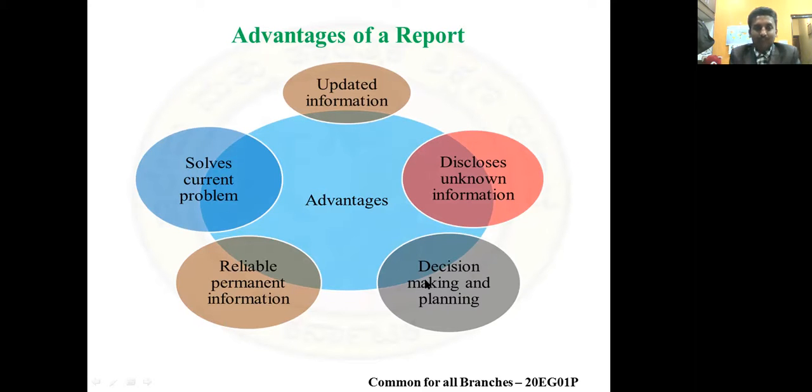And the last important one, for analogy, it gives a reliable, permanent information. The information provided by a report is a permanent addition to the information available already to the office.